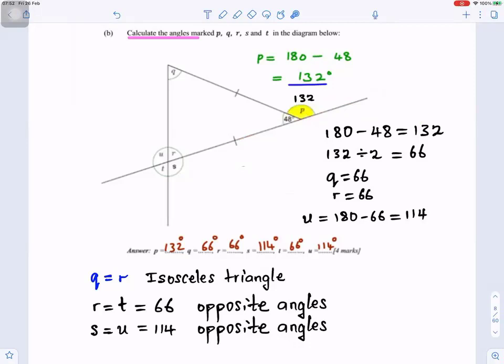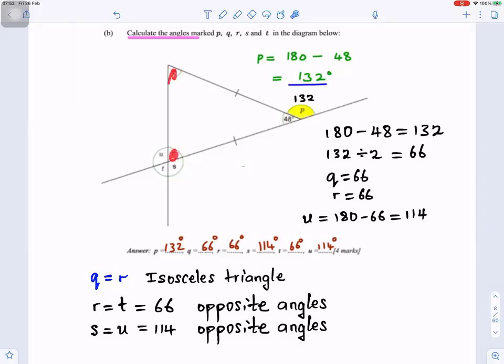Now, this triangle is an isosceles triangle because two sides are the same. This side and this side are the same. That's why they put the dash there. So 180 minus 48 gives you 132.